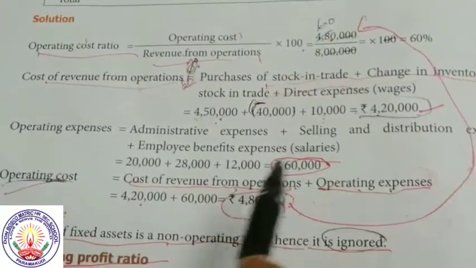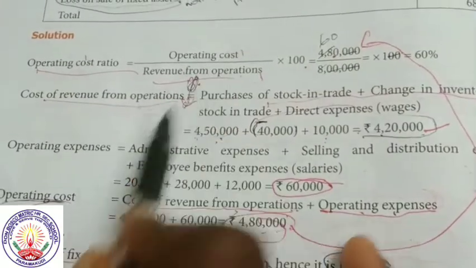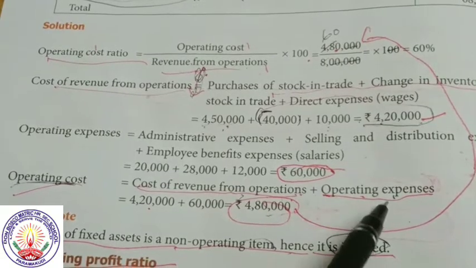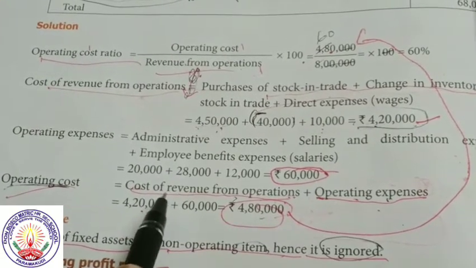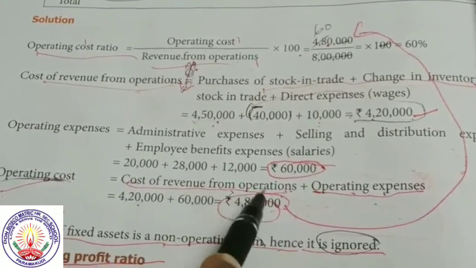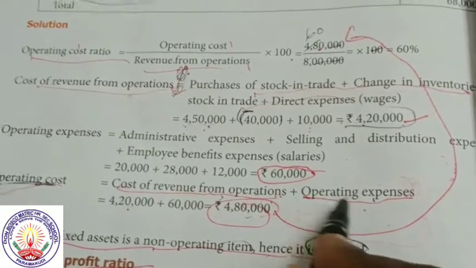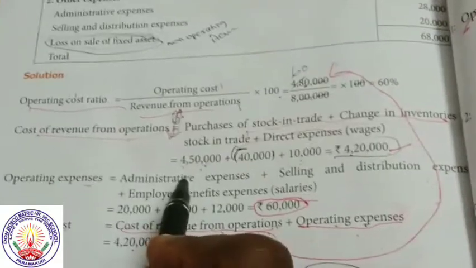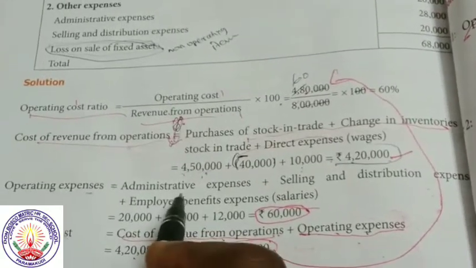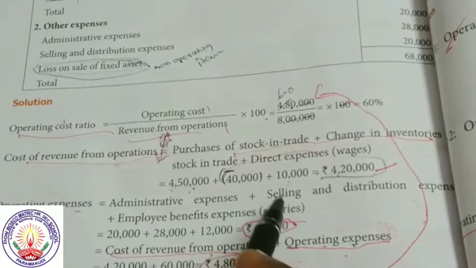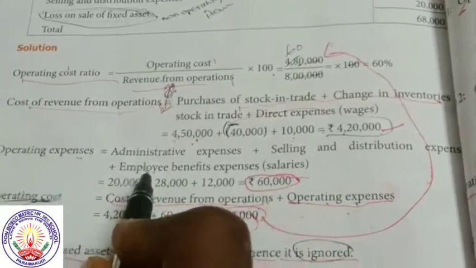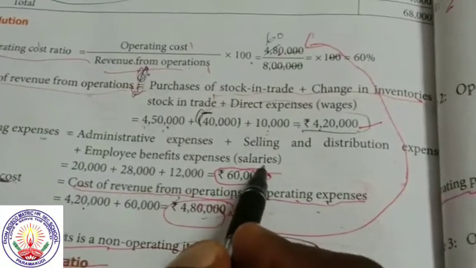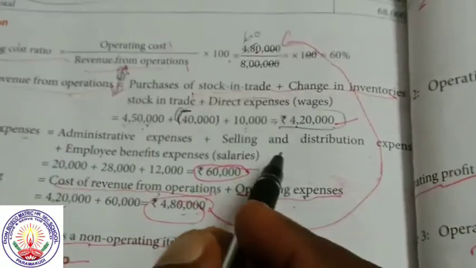Now find the operating cost. Operating cost means cost of revenue from operations plus operating expense. We have already found the cost of revenue from operations. Now decide the operating expense. Operating expense means business running expense: administrative expense, selling and distribution expense, plus employee benefit expense. Employee benefit means salaries, which is one of the indirect expenses.